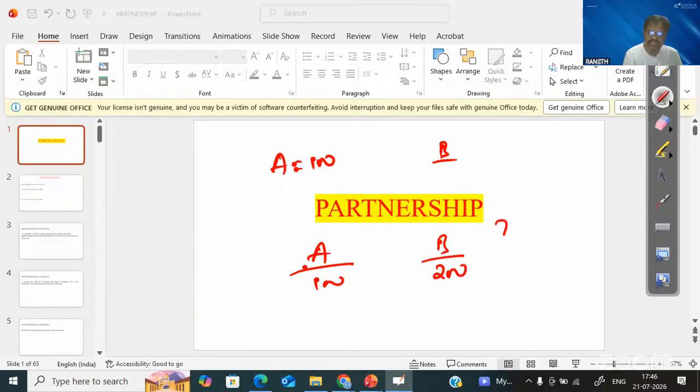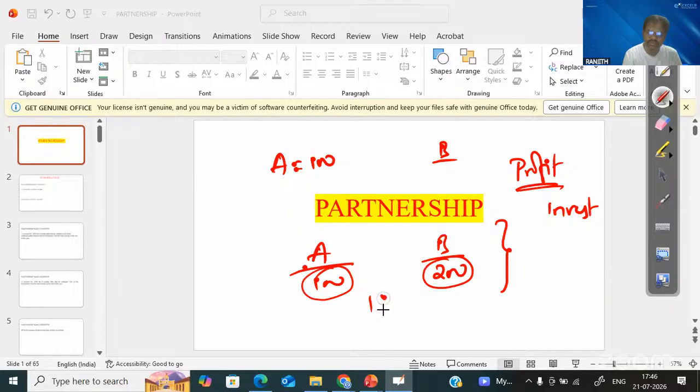So what is the profit ratio? Profit ratio always depends on the investment ratio. Investment of A equal to 100, investment of B equal to 200. Then the profit ratio will be 1 is to 2.